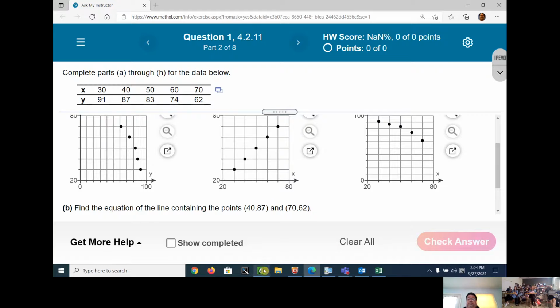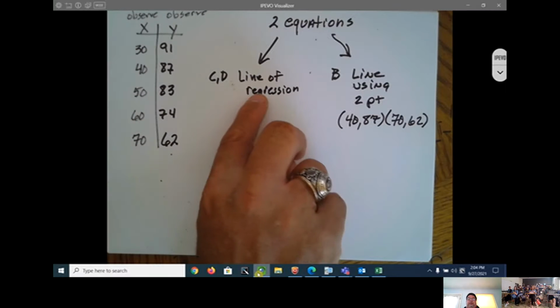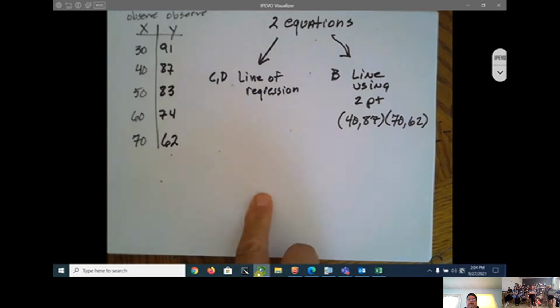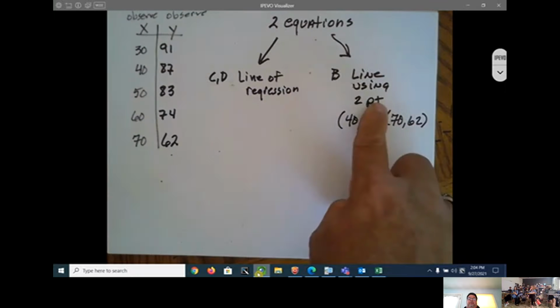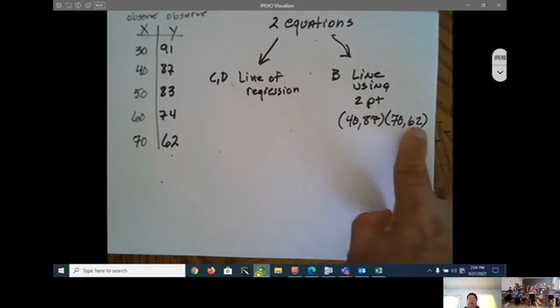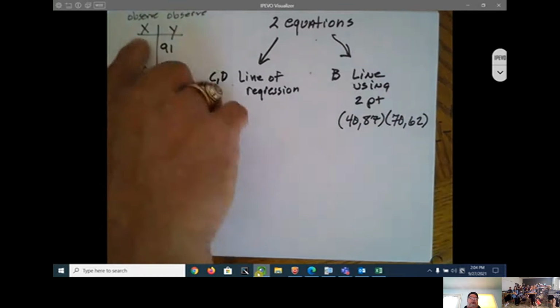So here are the 2 questions they're wanting to do. They're wanting you to find a line of regression. Then you can find the residuals for that. First they want you to find the slope and the equation for these 2, and find the residuals with these points.